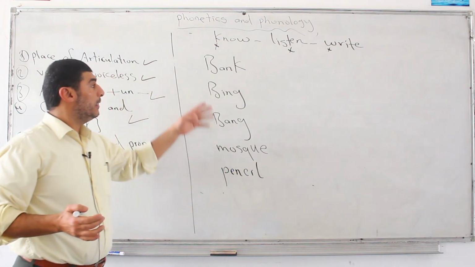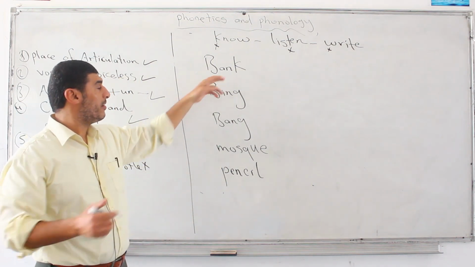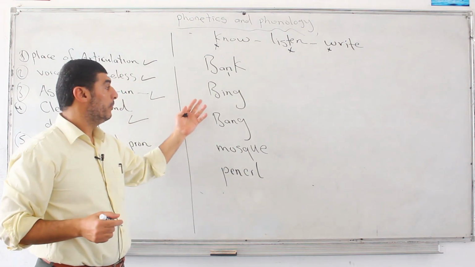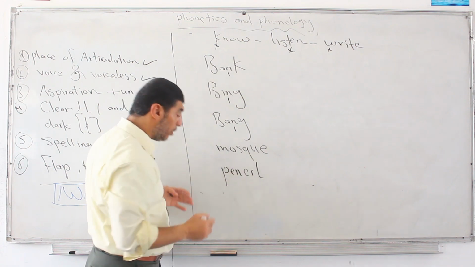Of course, the place of articulation is very important to determine whether the na letter is pronounced or not. Is it pronounced or not? Okay, and so on.